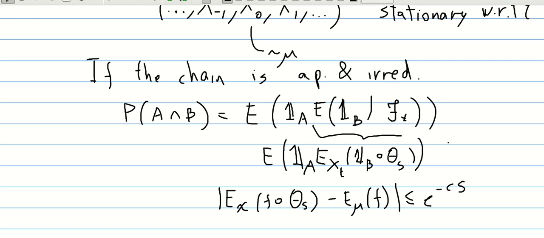So in the end, we can replace this by the expectation under mu of the indicator of B, the probability of B, and here we have the probability of A, and we are happy.